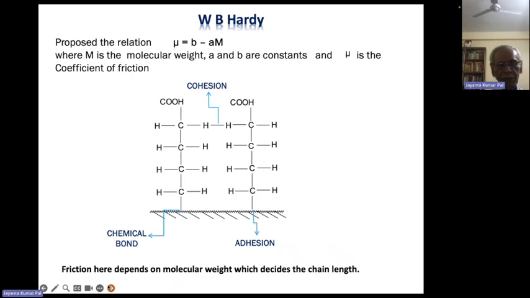Lower force will be required to bend it rather than a shorter chain.